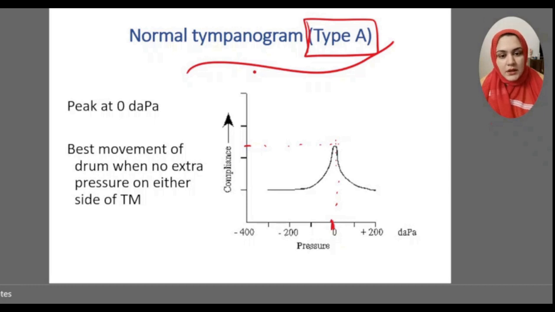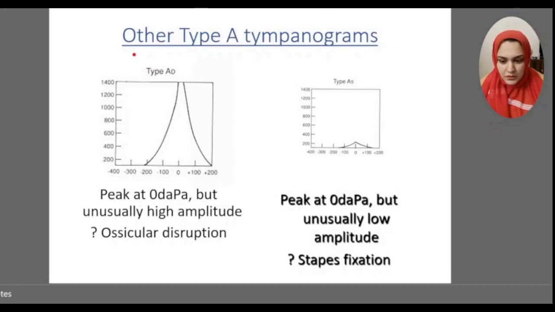But there are subtypes of the type A tympanogram that will not be normal. So why are they not normal, and what diseases do they predict? We will see. This is the type AD tympanogram.